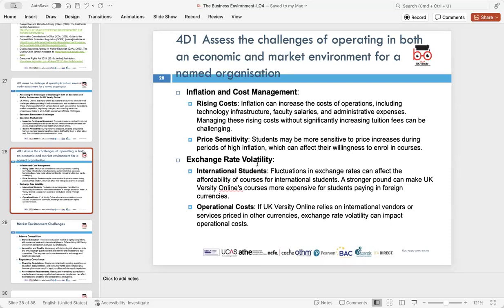So the institution must manage these fluctuations carefully to avoid unexpected financial burdens. Strategies such as hedging against currency risk or negotiating fixed price contracts with international suppliers can help mitigate these challenges.